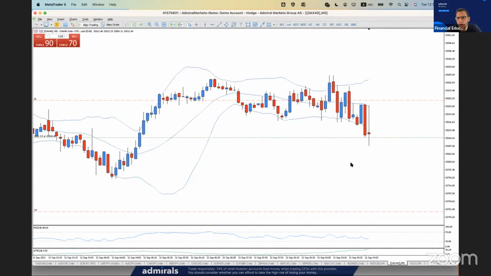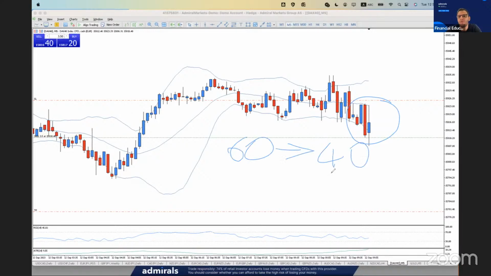So that's a 2-to-1. Remember, trading this way, always be prepared to lose 60 trades and win only 40 trades. Be prepared that this trade can be a losing trade, the next one, the next one, the next one.